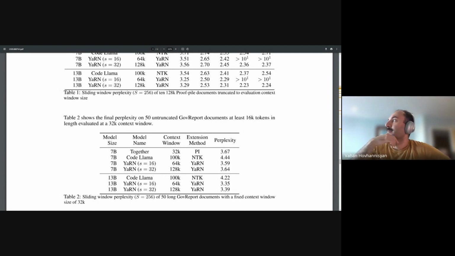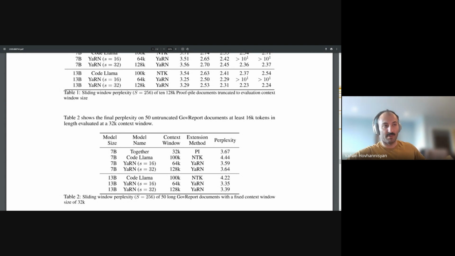Why does it work? Basically, the extrapolation actually happens only with positional embeddings. That's the thing, right? The attention still doesn't pay attention to the text, to the embeddings before the context.